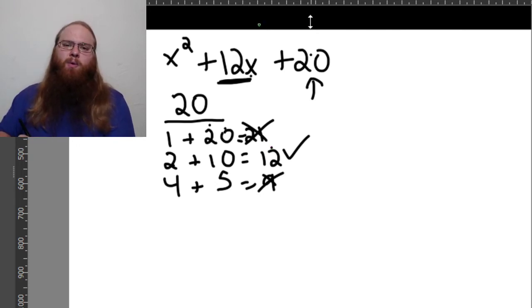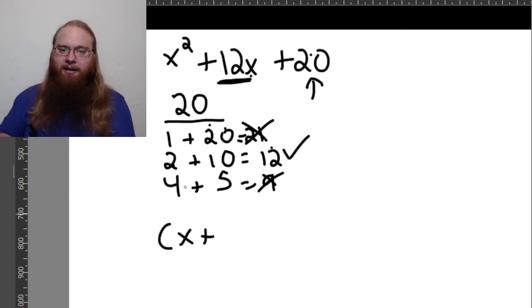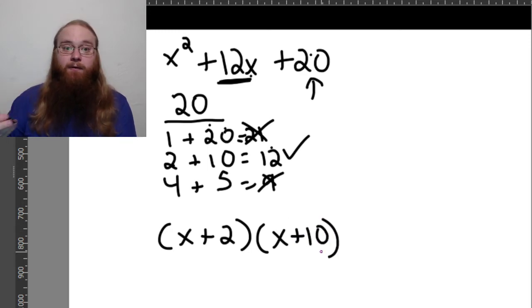So we found what two numbers multiply to get the last number, and then we add to see if we can get the middle number. Since our factors are 2 and 10, this means our factors of this trinomial are going to be x plus that first factor, and then x plus that second factor. And again, if you FOIL these out, you will get the above answer.